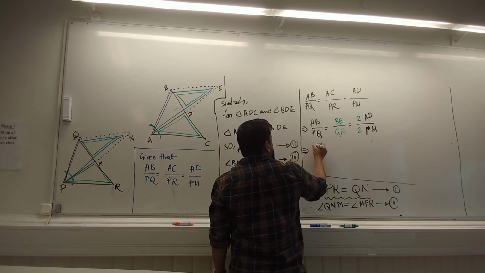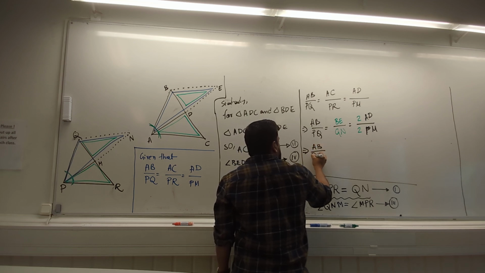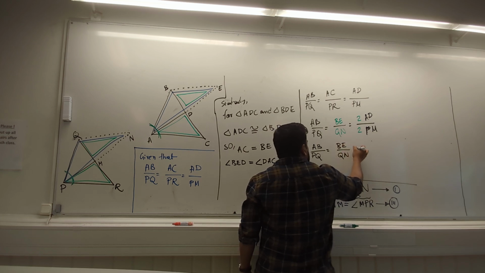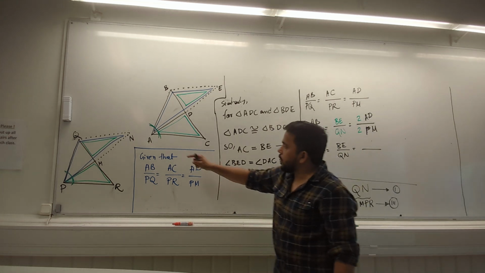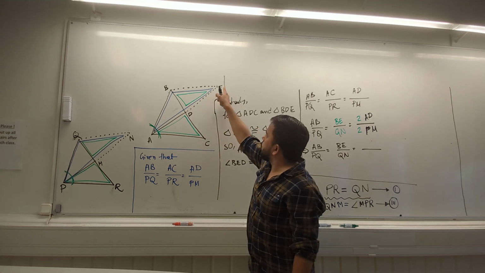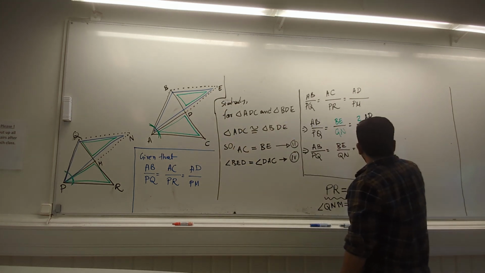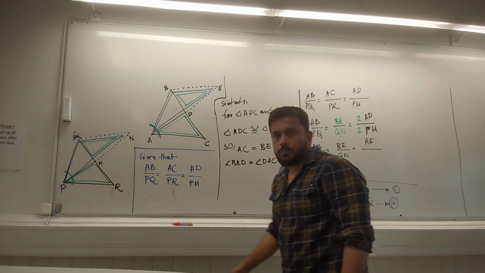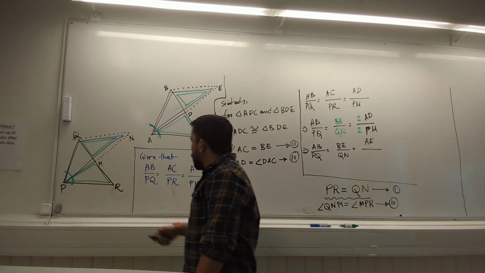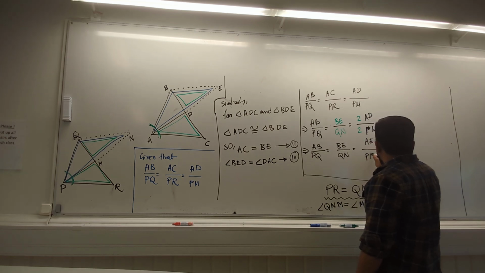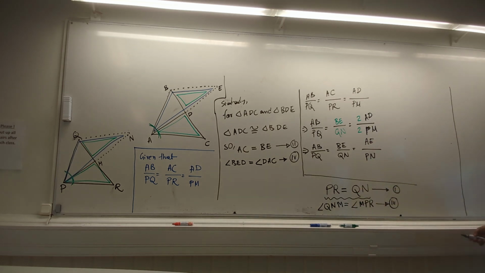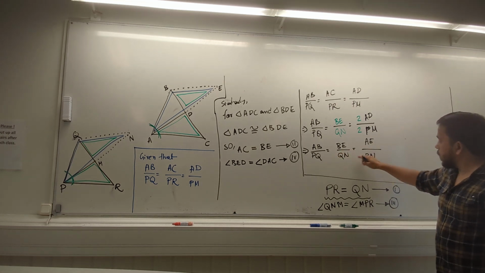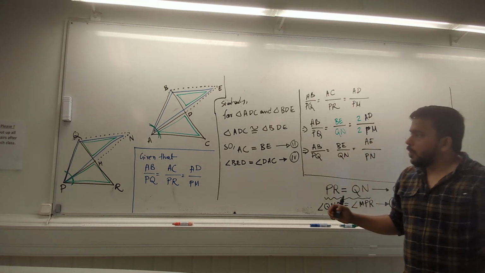Now here I have AB divided by PQ equals BE divided by QN, and 2 times AD. If you see this AD, 2 times AD means AE altogether, and in the same way 2 times PM would mean PN.